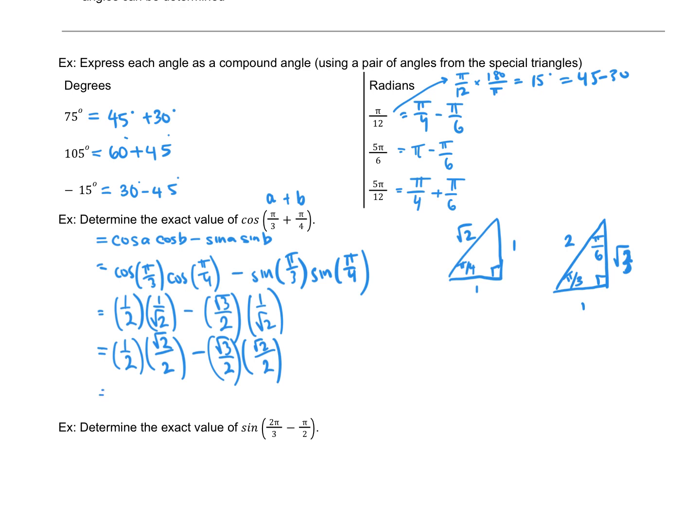So remember, numerator with numerator, denominator with denominator. So 1 times √2 is √2, 2 times 2 is 4. Subtract, √3 times √2 is √6, 2 times 2 is 4. Luckily, we have a common denominator right away, so we can just unite our 2 fractions, and there is nothing to collect because these are not like radicals. So that is our final exact value.